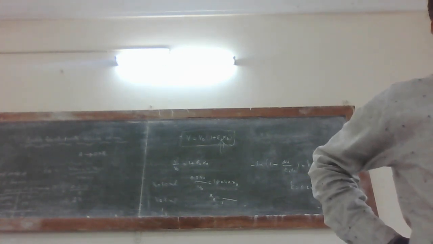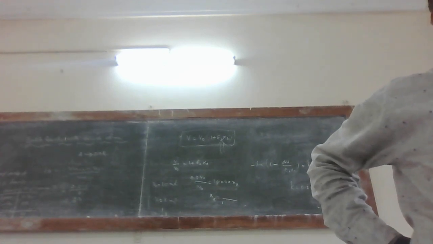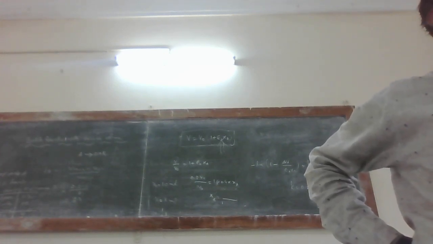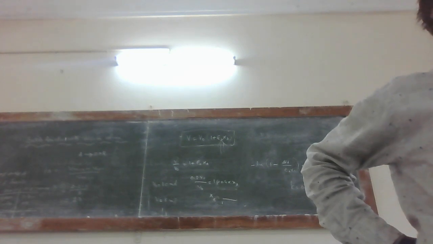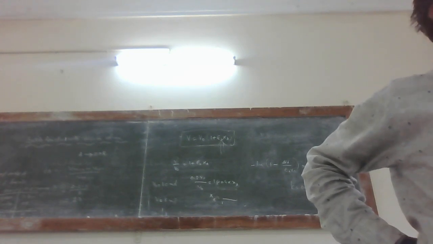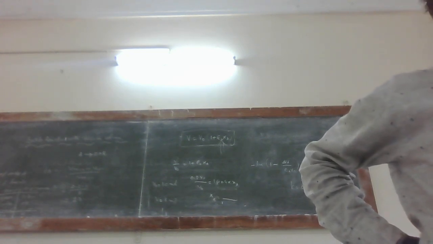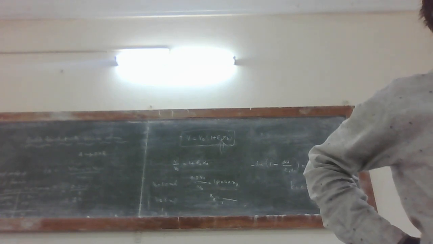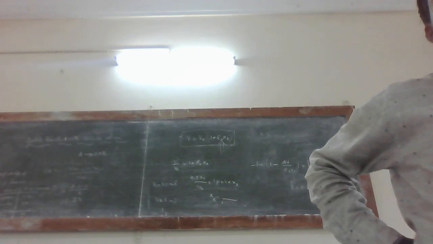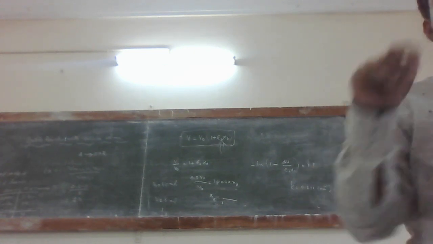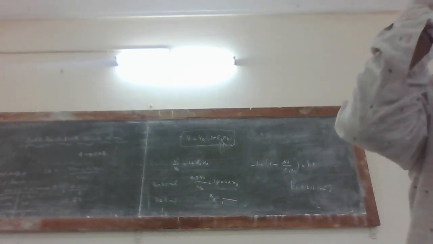But what is the expression for partial pressure to total pressure? PA equals P naught minus A by delta N. Why am I calculating PA here?